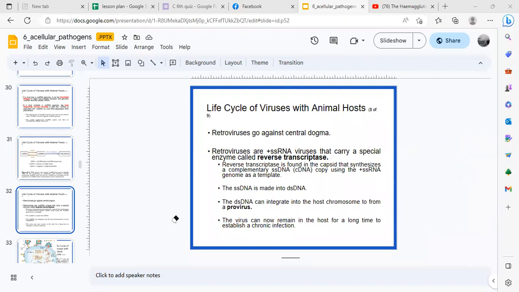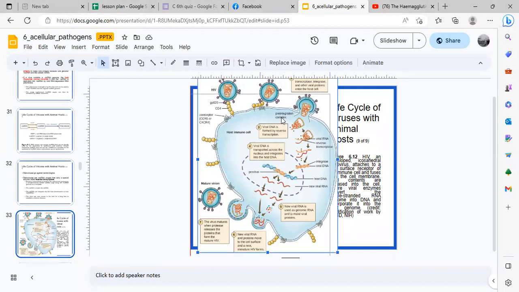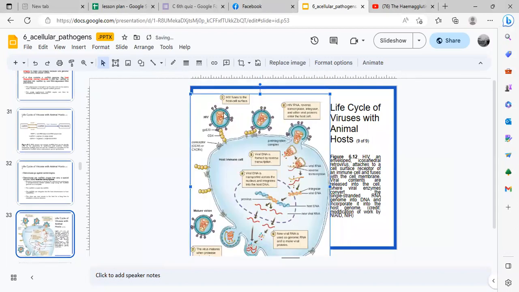So ito yung HIV, yung AIDS virus. So tingnan natin in detail ano nangyari sa HIV. So unang-una, the HIV will fuse with the host cell surface, no?